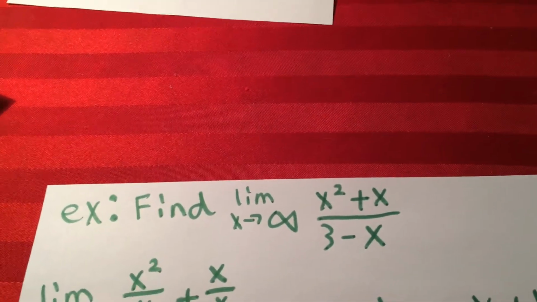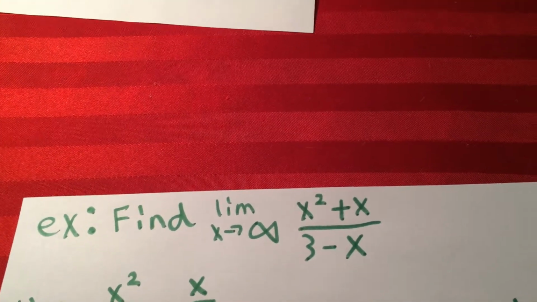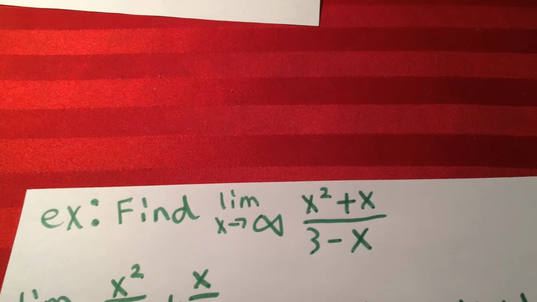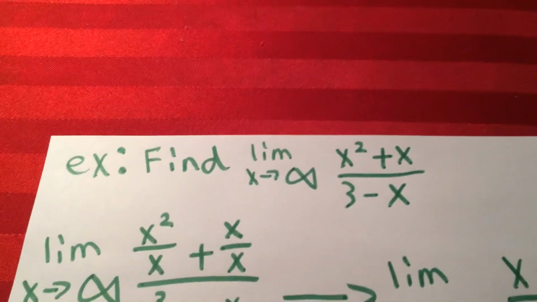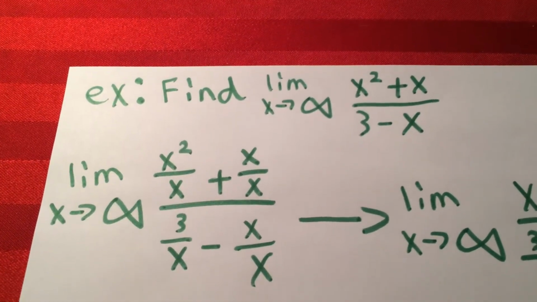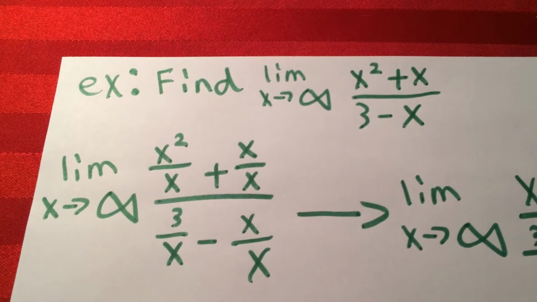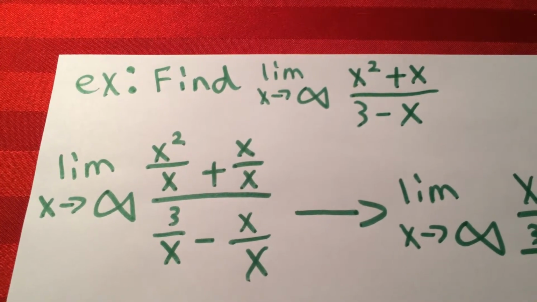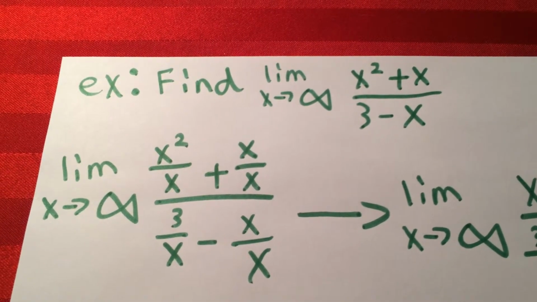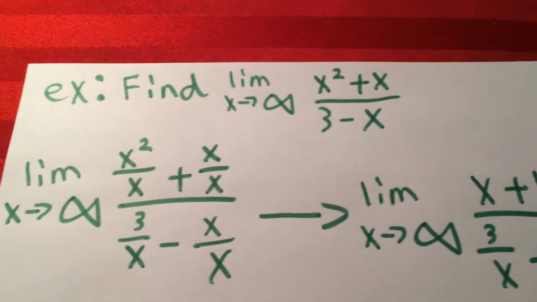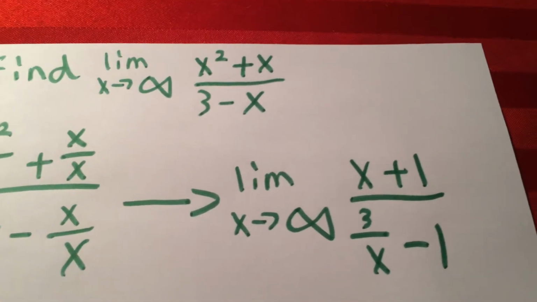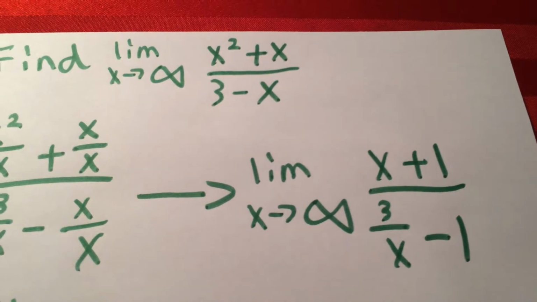Find the limit as x approaches infinity of x squared plus x over 3 minus x. First, you have to divide again by the largest power of x in the denominator. So that is x. And then you simplify to get x plus 1 over 3 over x minus 1.